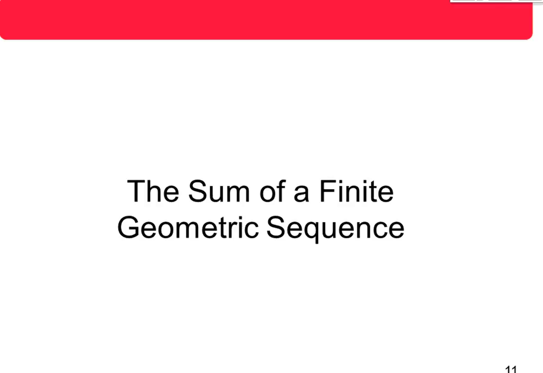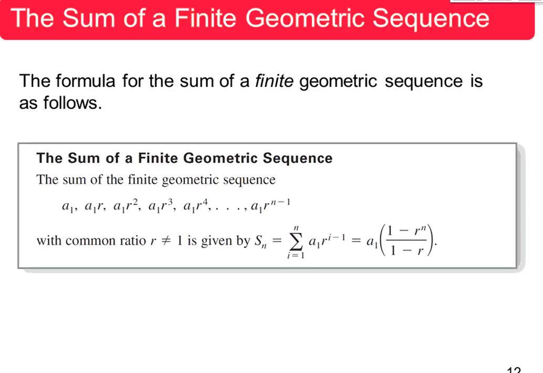Then we're going to look at sums of finite geometric sequences. I'm just going to put up this slide for the sum of a finite geometric sequence. We know what a geometric sequence looks like, and finite means it ends someplace.